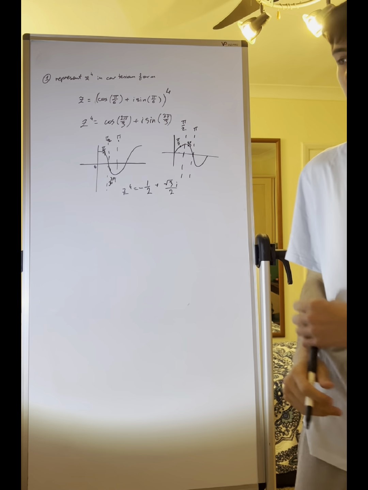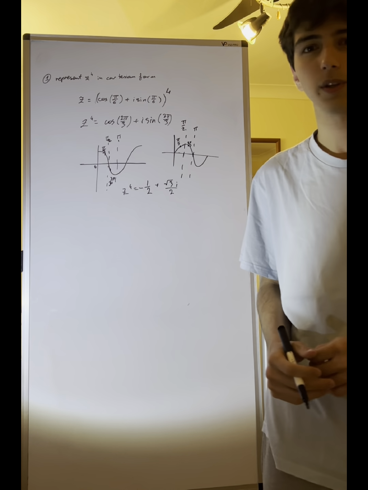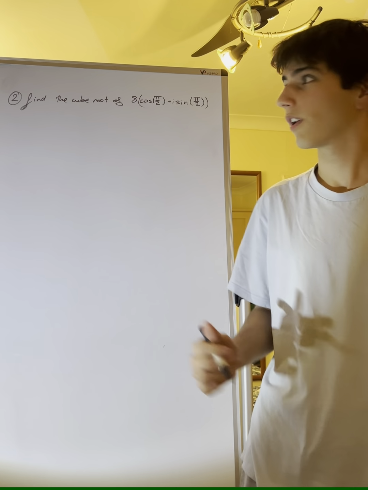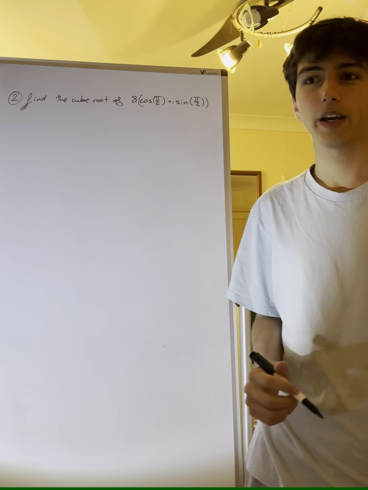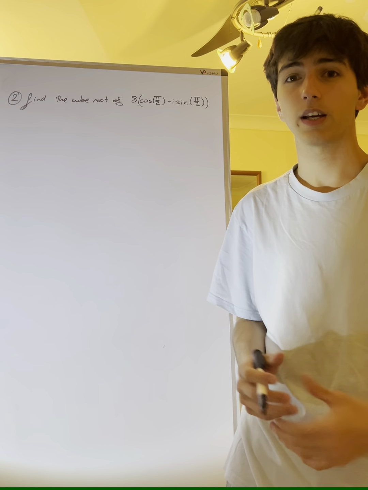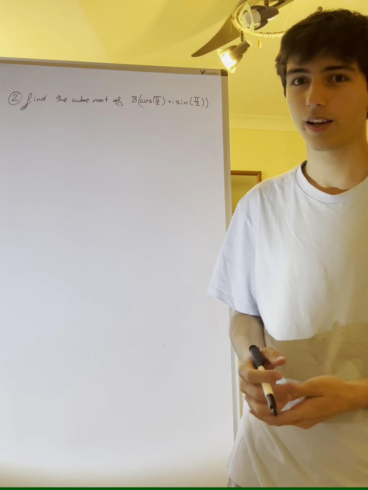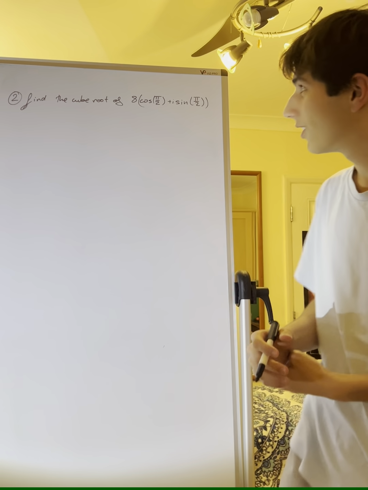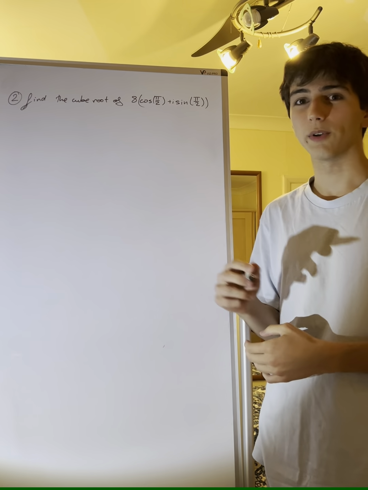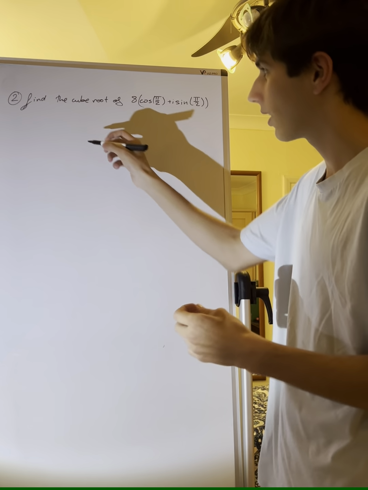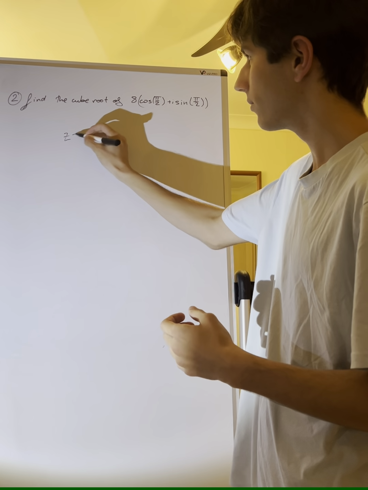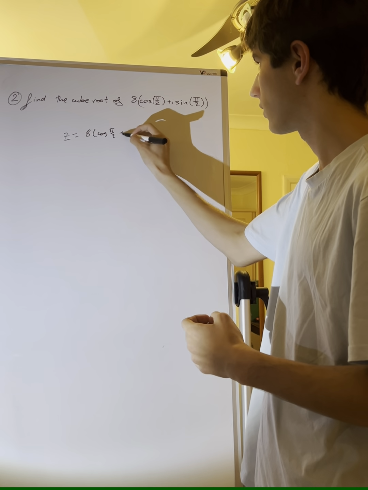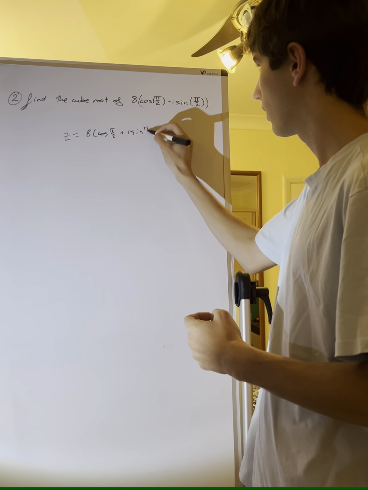So pretty simple question. Let's move on to something a little bit more challenging. For this question, we're supposed to find the cube root of this complex number. I'm going to give you some time to pause, have a go at it, and then move on. So to find the cube root of this number, we can say that z is equal to 8 cosine pi over 2 plus i sine pi over 2.